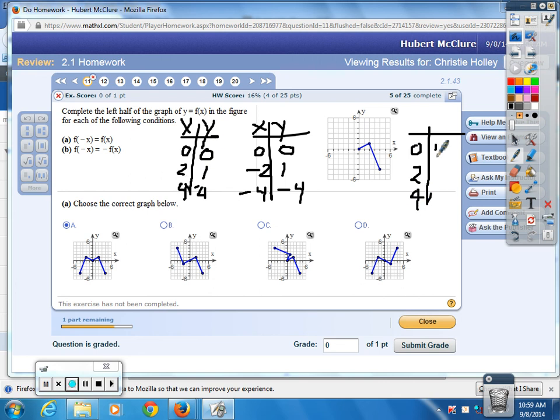Well, that would be 0. Negative 1. And negative 4 is what? Positive 4. So negative f of x is this right here. So that'd be 0, 0, 2, negative 1, and 4, positive 4. So it looks like that.